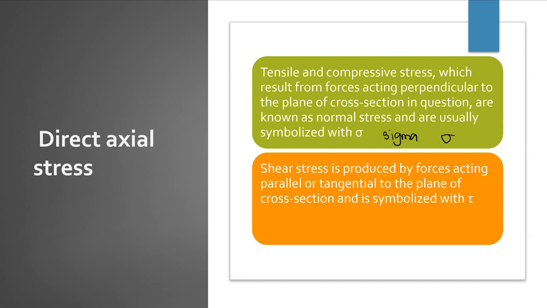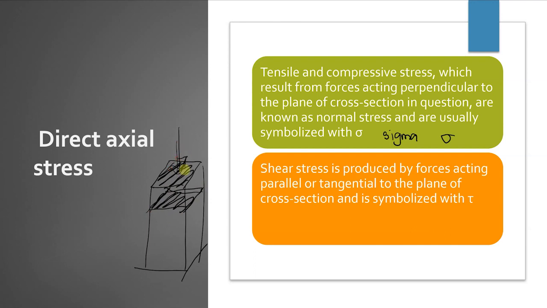So here it says tensile or compressive stress results from forces acting perpendicular to the plane. The plane means the area, the surface on which the force acts. For example, like the column just now, with a beam on it. The area is not just the surface area, but the whole cross-section area of this column. Perpendicular means 90 degrees.